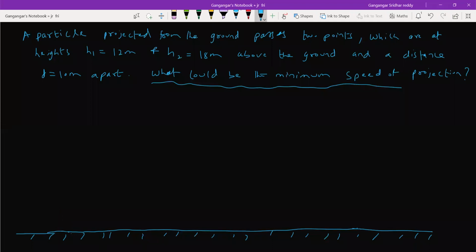Let me draw the curve properly. These are the 2 points.